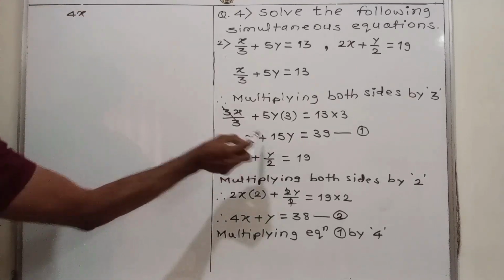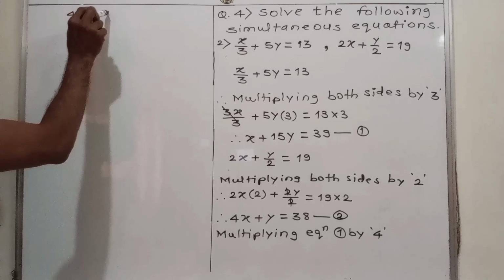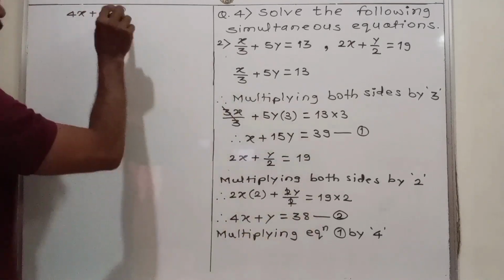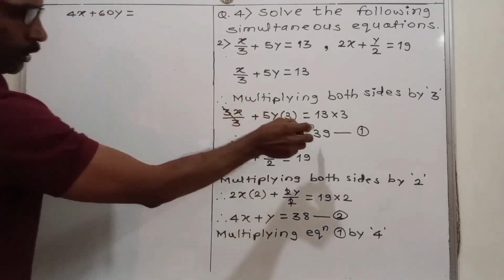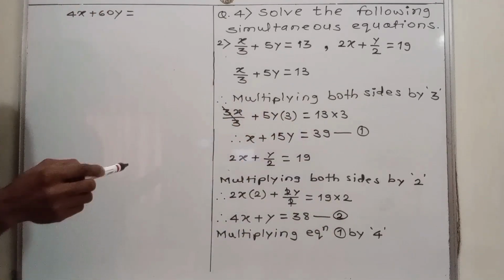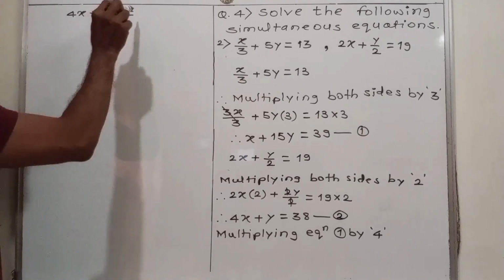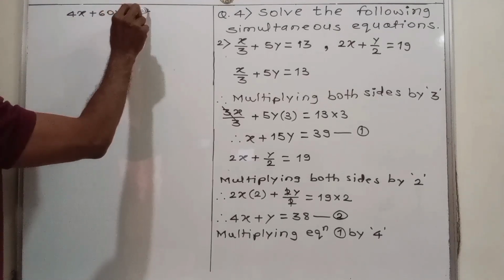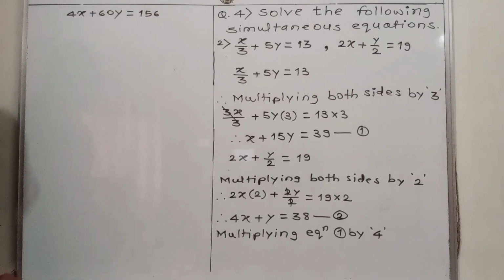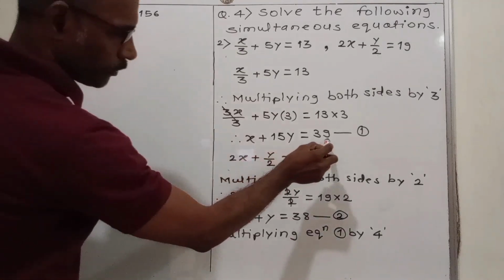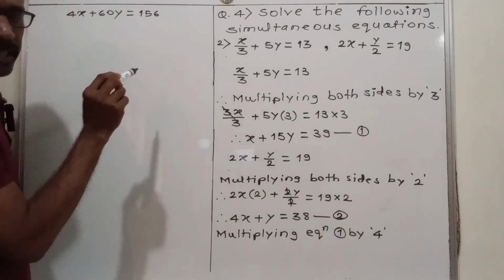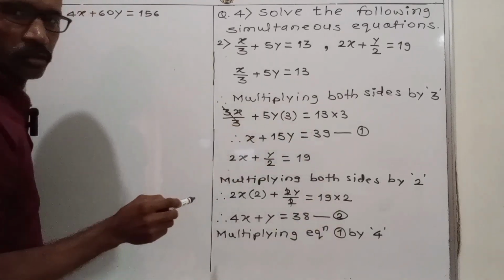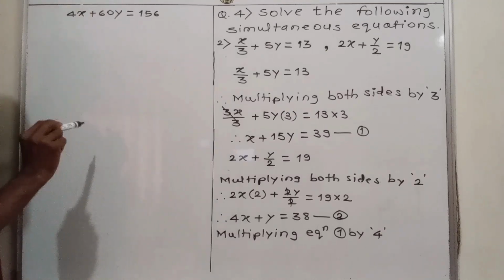4x plus 15 into 4, 60y is equal to 39 into 4. Okay. 156. Here 4 into 9, 36, carry 3. Then 4 into 3, 12, 12 plus 3.